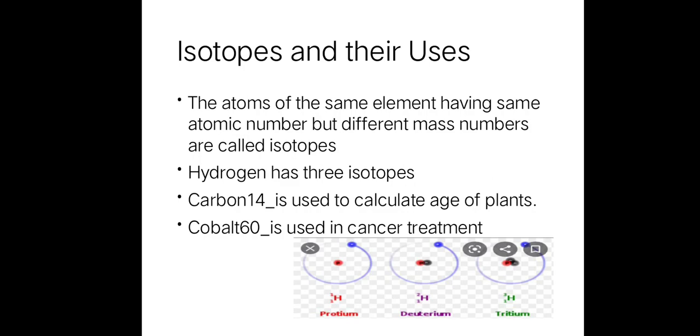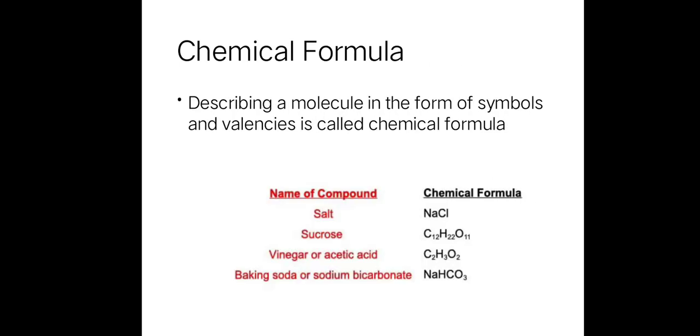Isotopes and their uses. The atoms of the same element having same atomic number but different mass number are called isotopes. Hydrogen has 3 isotopes, as you are seeing here in this image. First one is protium, second one is deuterium, and third one is tritium.